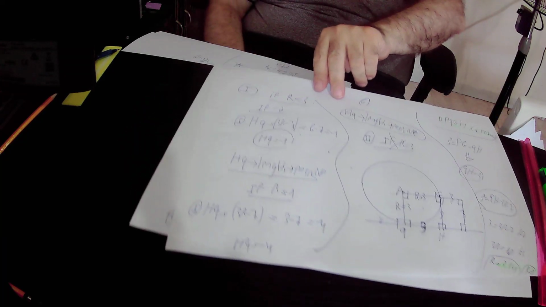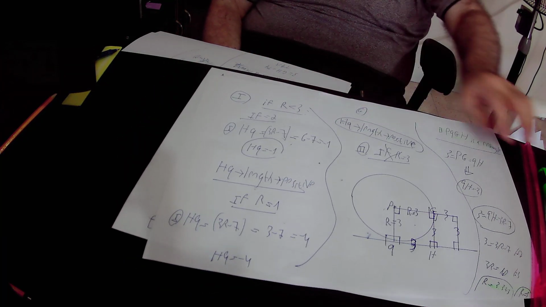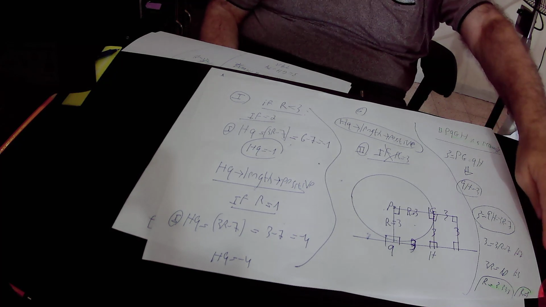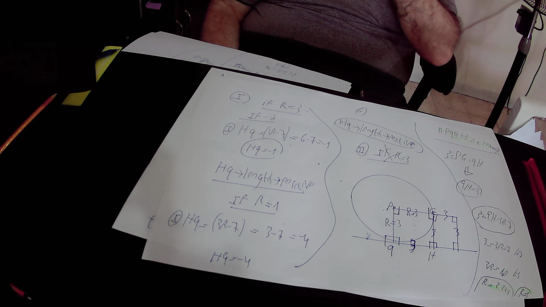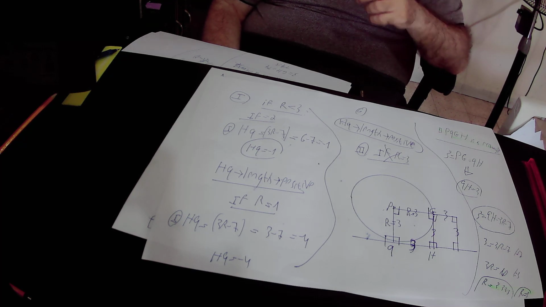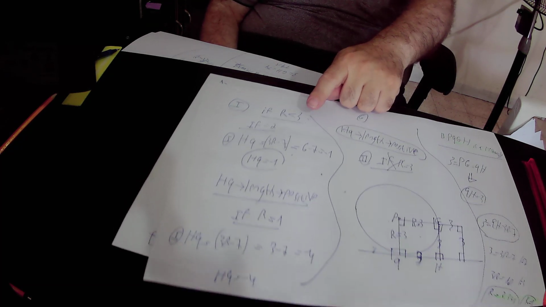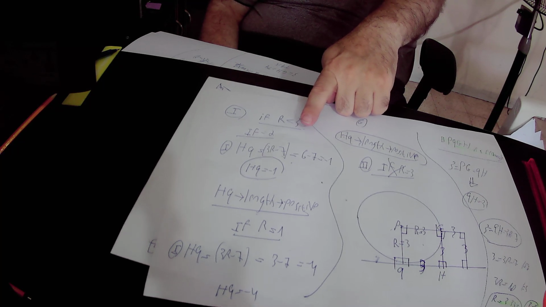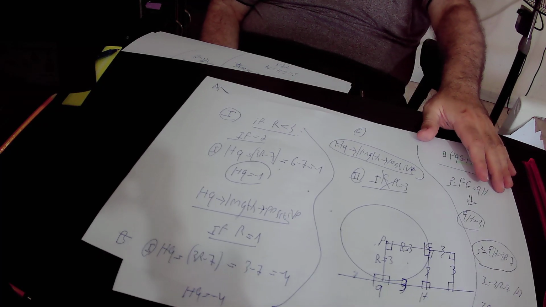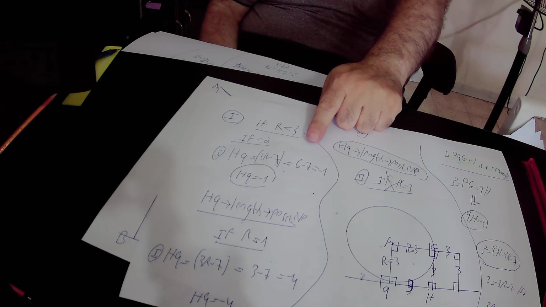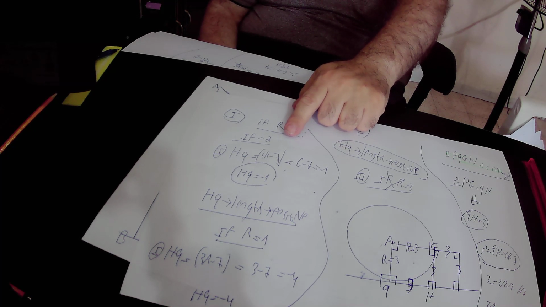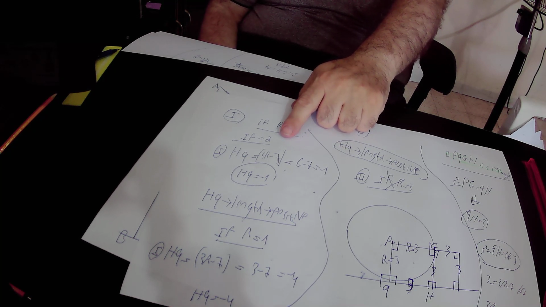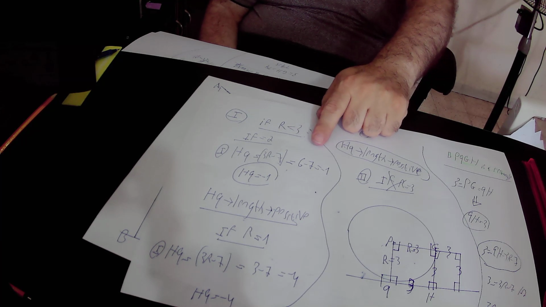So we'll assume that R is less than 3 units. If R is less than 3 units, R is a length, so it could be equal to either 1 unit or 2 units. If R equals 2, then we have equation number 1, that HQ equals 3R minus 7, and if R equals 2, we substitute R by 2. 3R is 3 times 2, that is 6, and 6 minus 7 is minus 1.